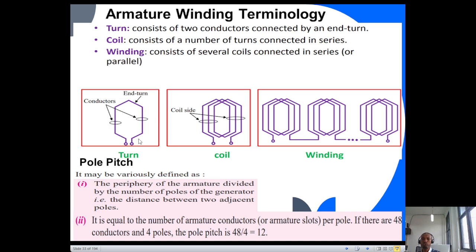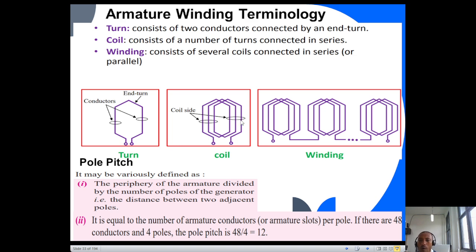It consists of 2 conductors connected by end terminals. Here is the starting terminal and here is the end terminal. So we call it a turn. This is an end terminal and this is a starting terminal, and these are single conductors. That is a turn.